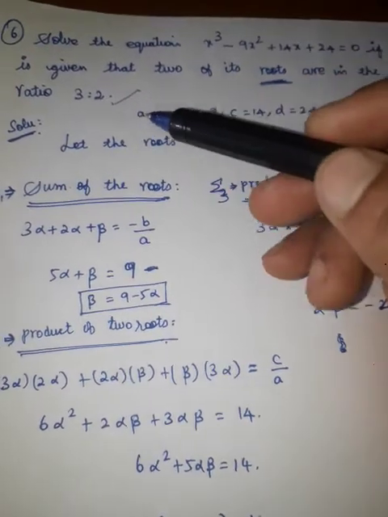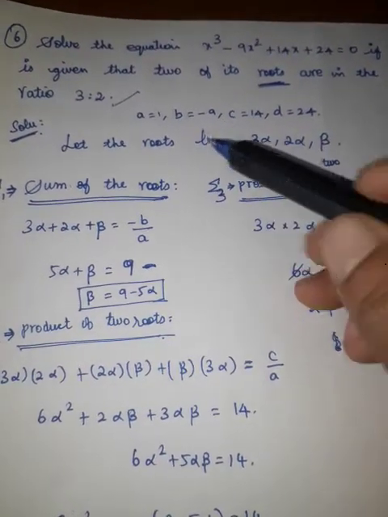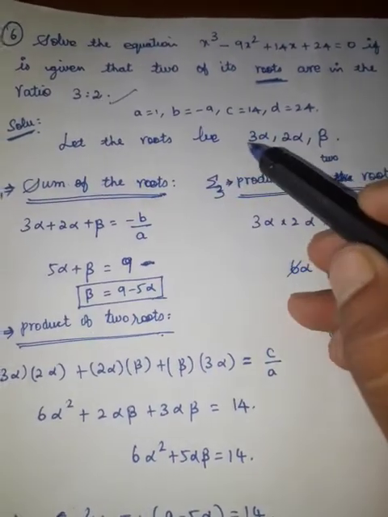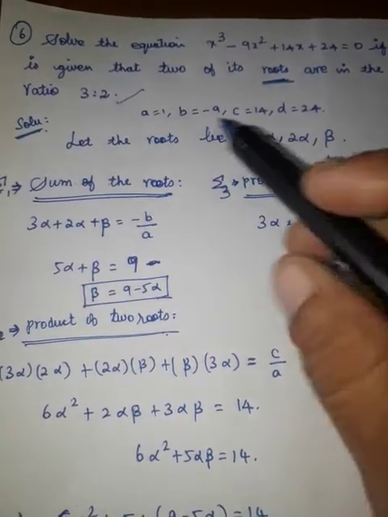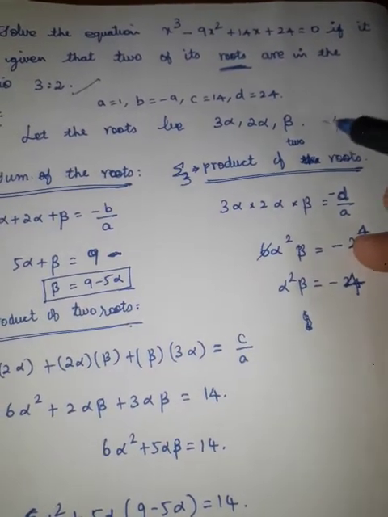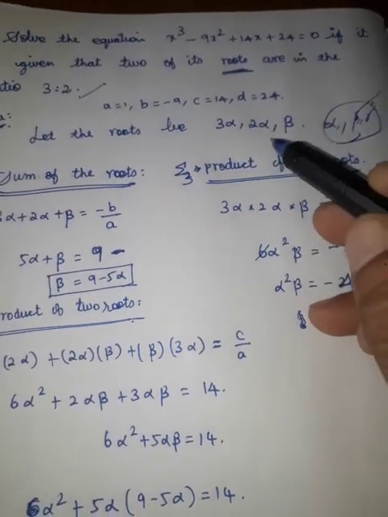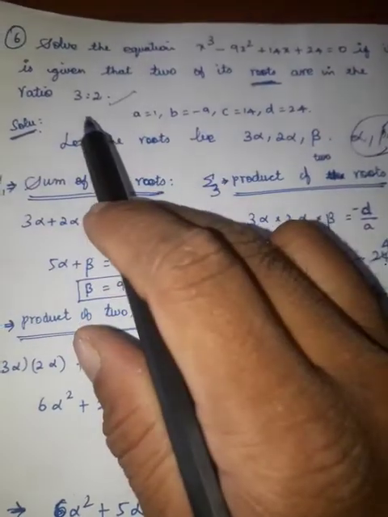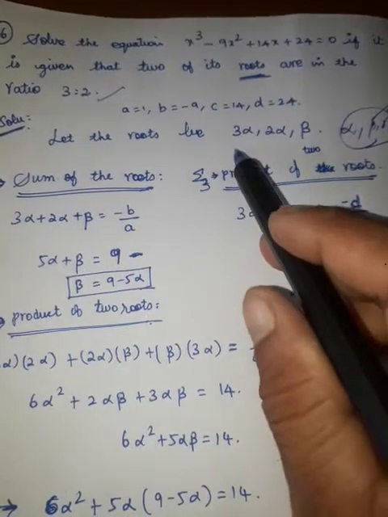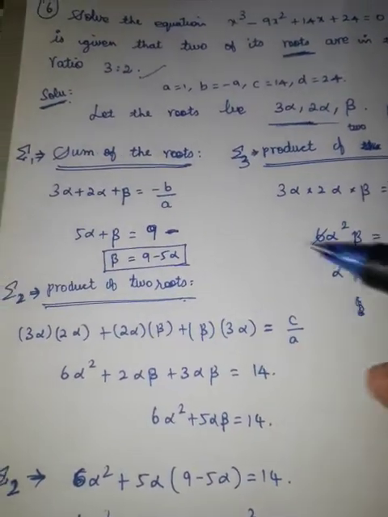So we can change the roots to 3 alpha, 2 alpha, and the other one is named beta. According to the question we can change the roots. Then hereafter we can solve by the usual method.